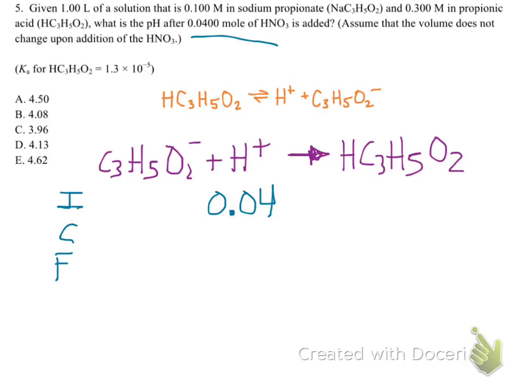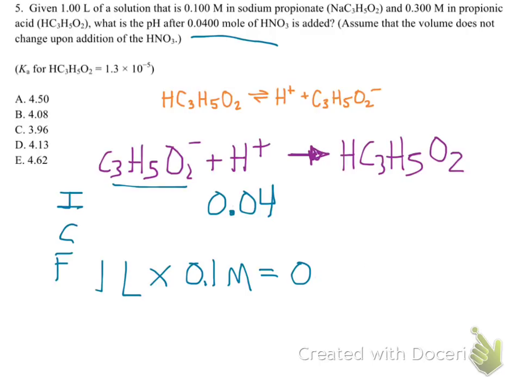So the problem tells us that the 1 liter solution is 0.1 molar in the propionate, the sodium propionate. So if we do this, we're going to end up getting the number of moles of the sodium propionate, which will end up being 0.10 moles.